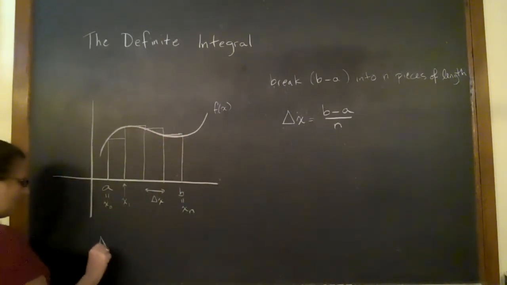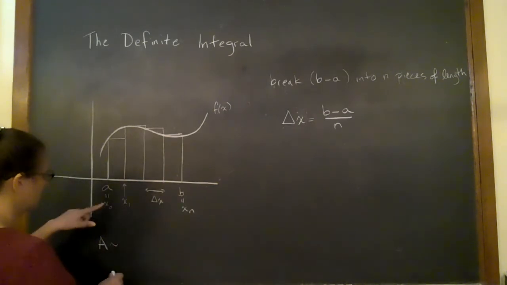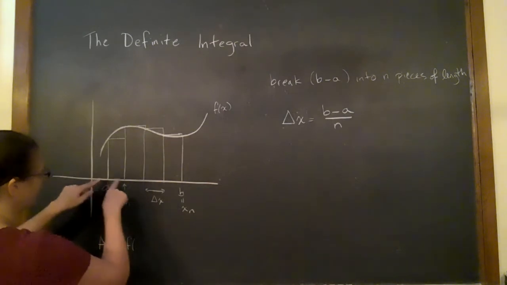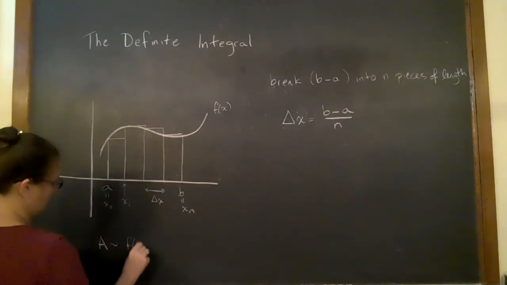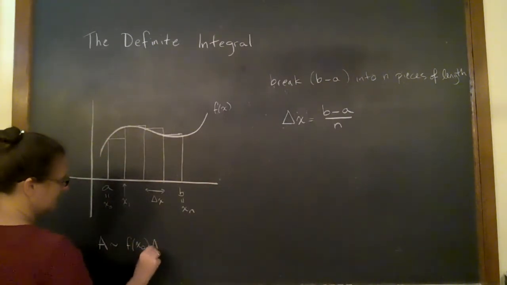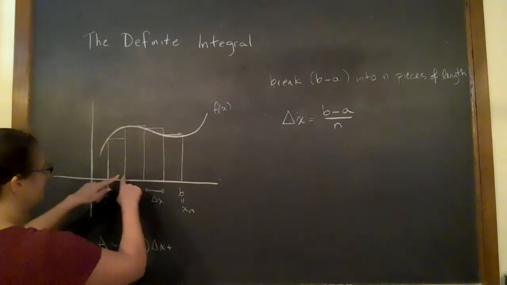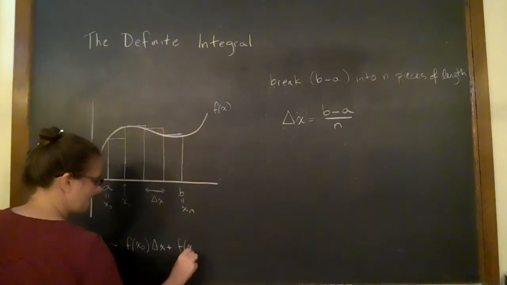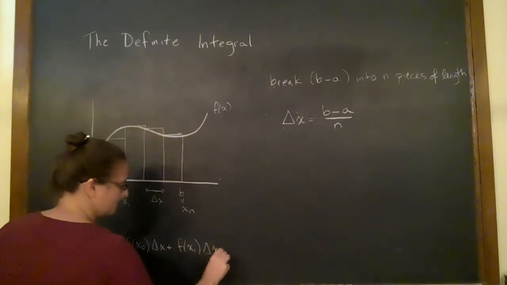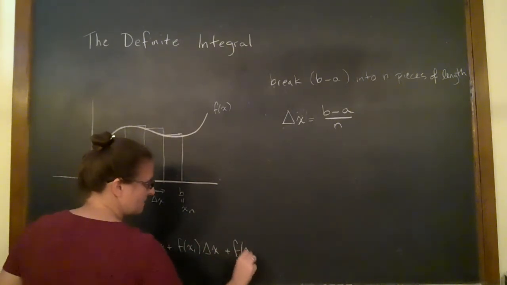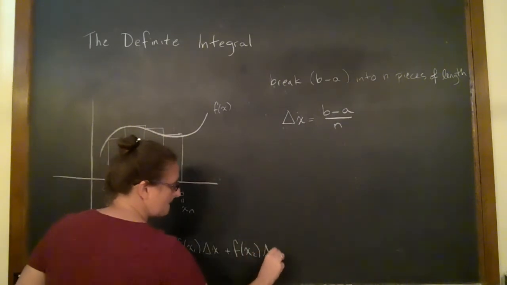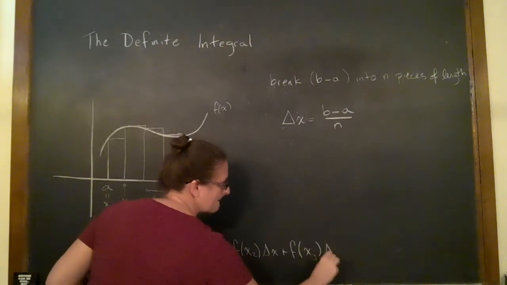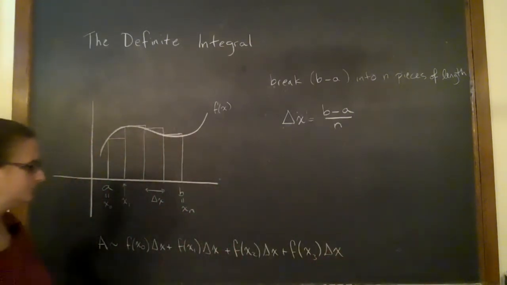My area is approximately the height of the first one, which is f of x0, delta x, plus the height of the second one, f of x1, plus f of x2, plus f of x3. That was too much writing.